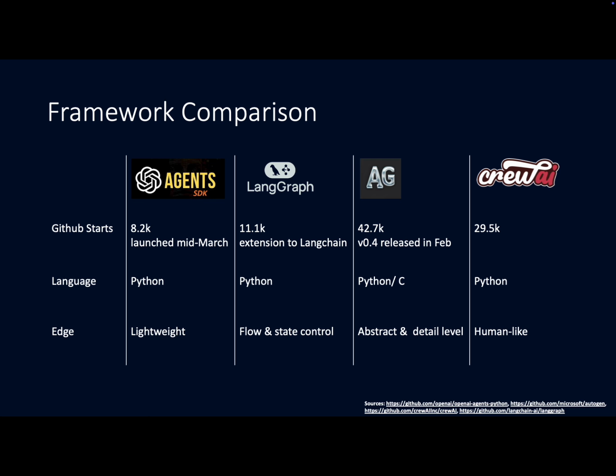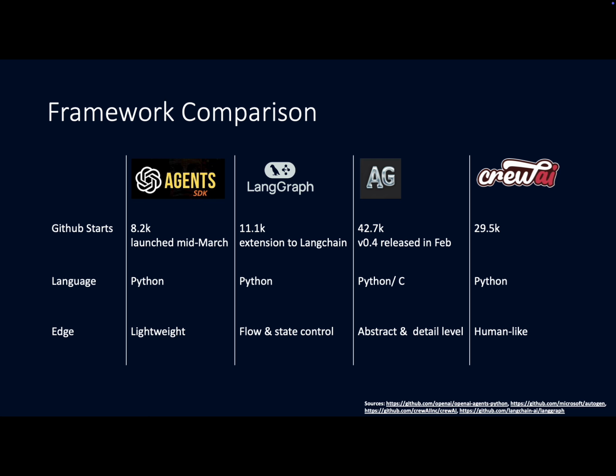If we look at their GitHub stars, we already saw that the highest monthly downloads definitely belong to LangGraph. However, on the GitHub stars end, AutoGen is the winner, I guess, because it's been around for quite some time. CrewAI is next, then LangGraph, and on the lower end the Agent SDK, which only launched in mid-March.